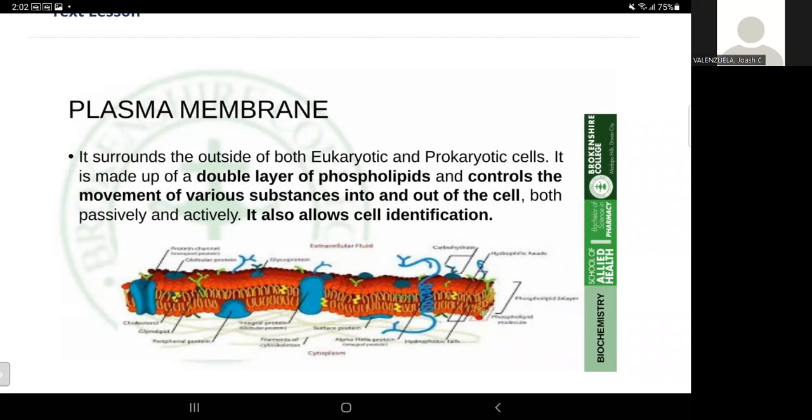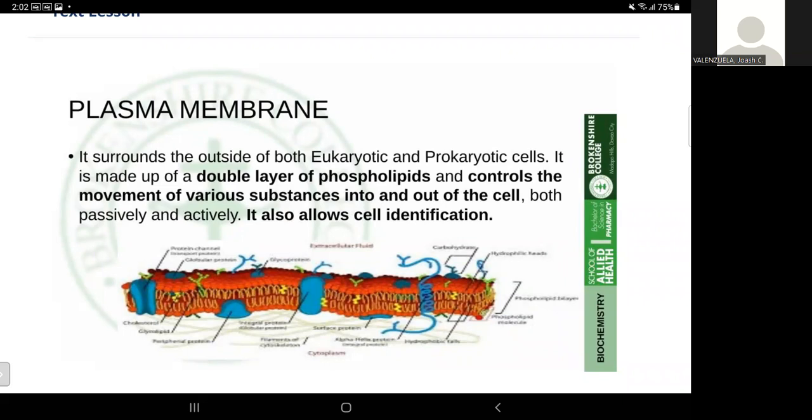Yeah, double layer of phospholipid and controls the movement of various substances into and out of the cell, which conducts what kind of transport? We have your passive and active transport, and it allows cell identification. No? Allows cell identification of biomolecules to pass through in and out of the cell.